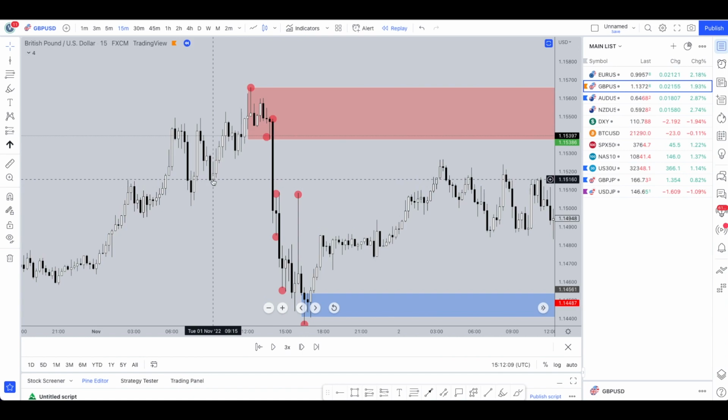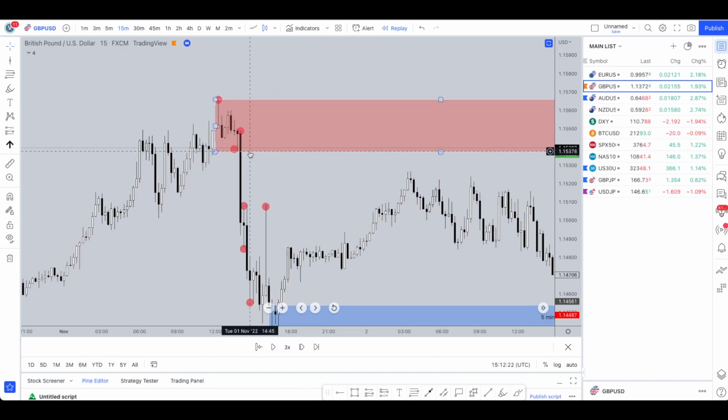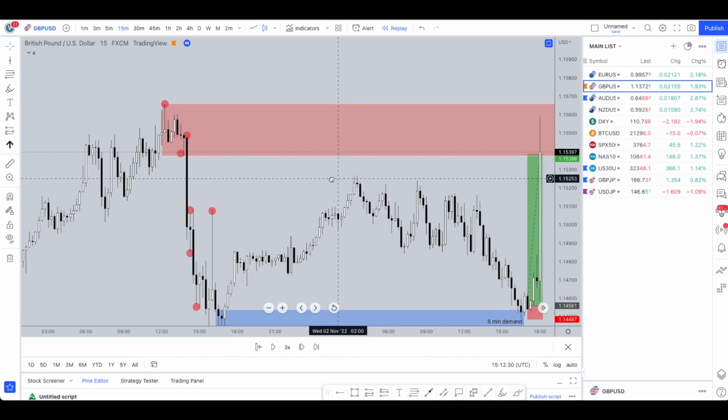You can see this previous demand was significant, because it goes on to create a further higher high. And you can see that a base drop supply zone has taken that out. So it was wise to take profits in this region, and I took about 90% of the position off and then left the rest to run just in case it did continue to go higher.